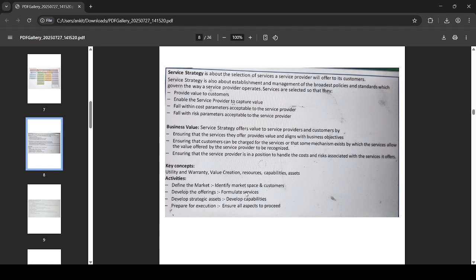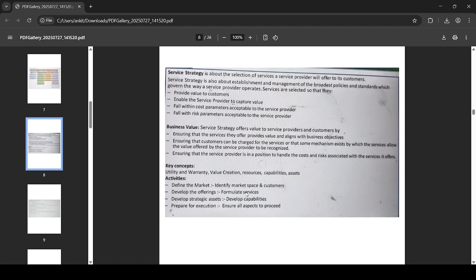So basically, in the service strategy, the project manager has to select the services, and the service provider will offer the services to the customers to achieve a specific outcome.